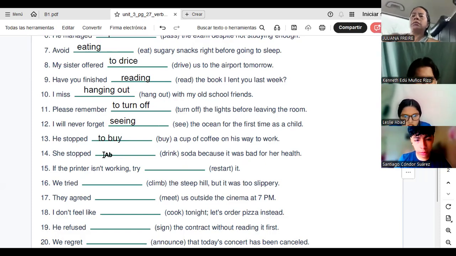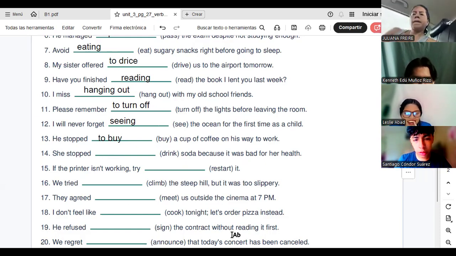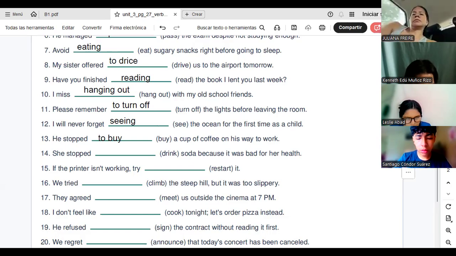Leslie, number 14. She stopped to drink soda because no, is a pause? ¿Una pausa? Yo pensé que era por the use stop. She stopped drinking soda because it was bad for her health.